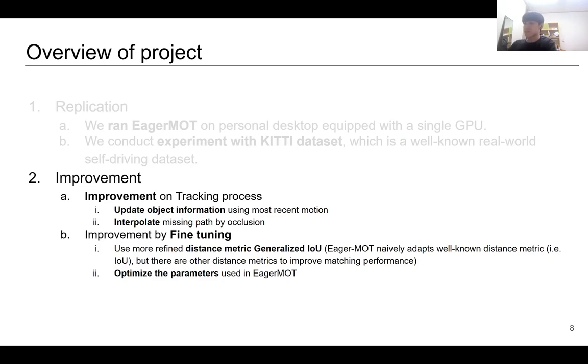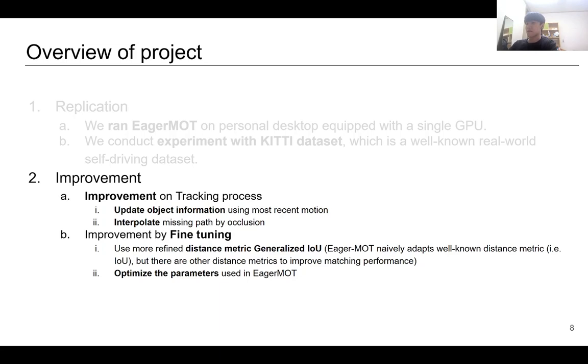To improve the performance, we propose two improvements in each of two categories. First is to improve performance by improving the tracking process itself. The other is to improve performance by modifying the parameters used in the methodology. In the tracking process category, we first try to adjust the position based on the recent movement of the detected object.